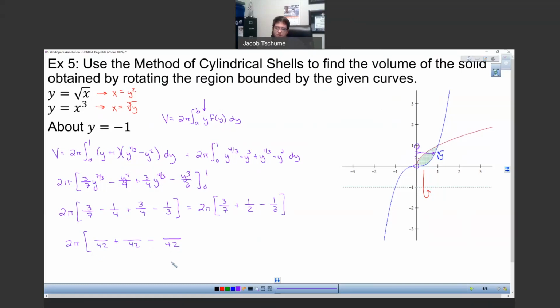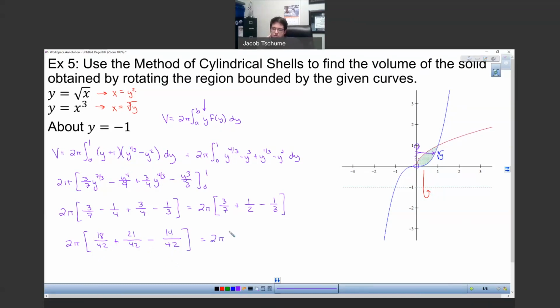If I convert all of those fractions to have a denominator of 42, you should get 18 over 42, 21 over 42, and minus 14 over 42.